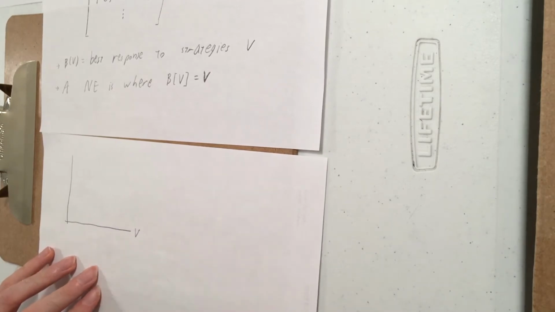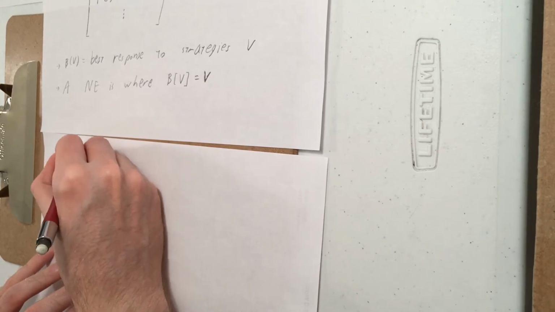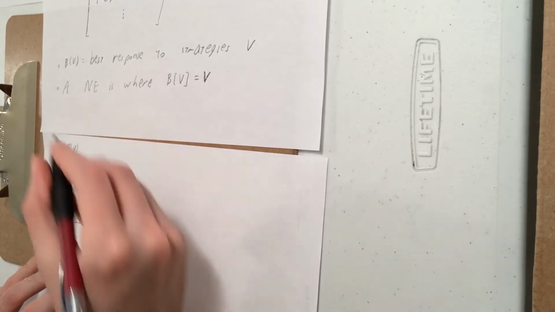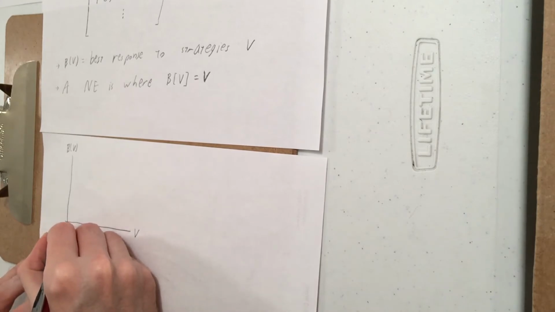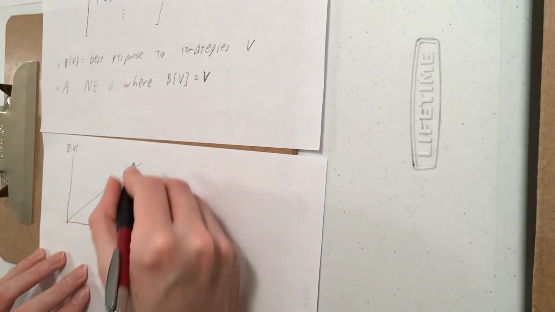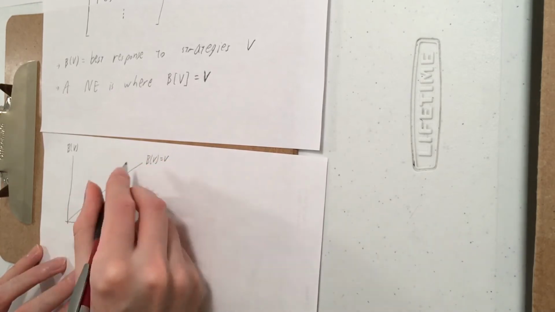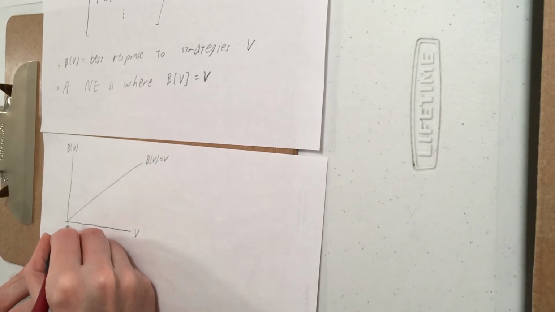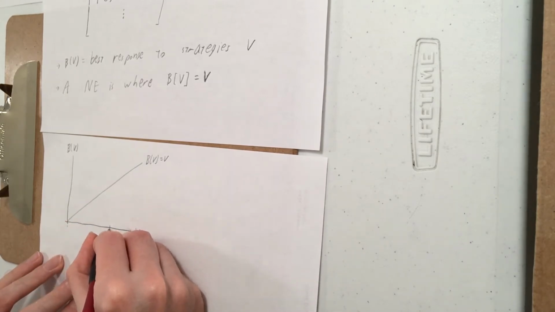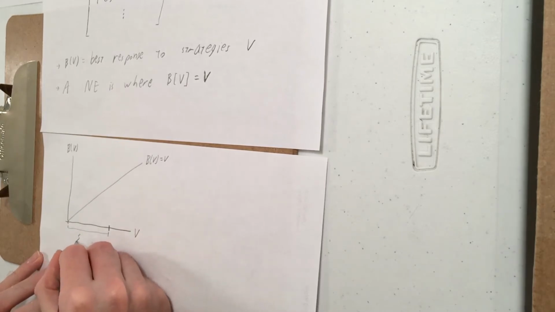And here's where we make this very unexpected connection. Let's say we have V over here, and then we have B of V up there. So this line over here, that's where B of V equals V. It's the 45-degree line. So the strategies have to be in some range. Let's say they're in here.